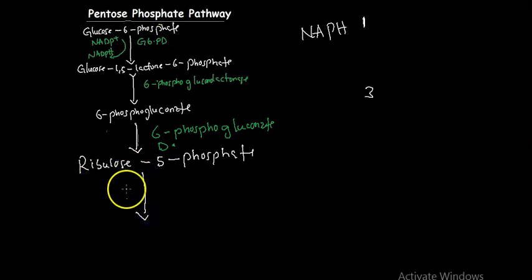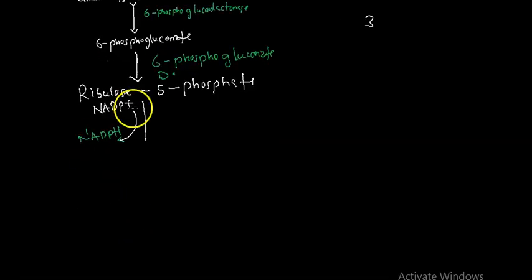So at this point, NADP plus is going to be reduced to NADPH. So once we have the ribulose 5-phosphate, notice that the ribulose 5-phosphate can actually do a couple of things.